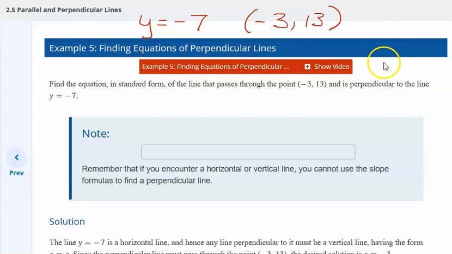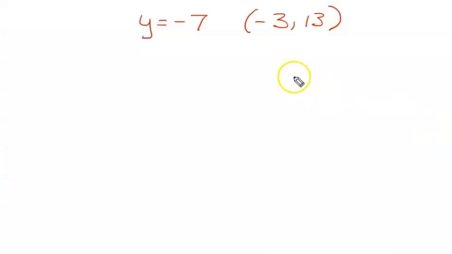As we look at example 5, we see an equation y equals -7, but they want a line that's perpendicular to this that goes through this point. So let's go to the whiteboard and we'll do a little sketch. We haven't done much sketching here.